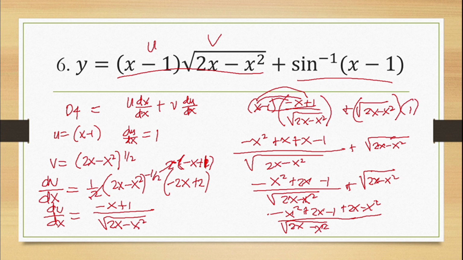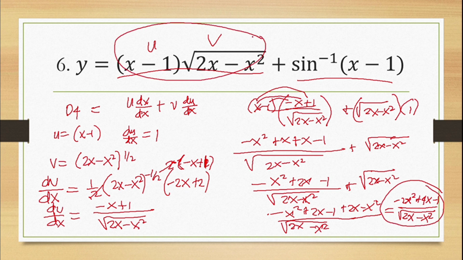The result of this part is negative 2x squared plus 4x minus 1 over the square root of 2x minus x squared. So this is the derivative of this part here. Again, that is negative 2x squared plus 4x minus 1 over the square root of 2x minus x squared.